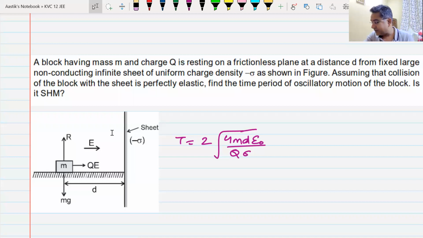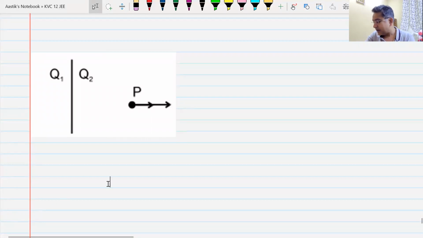Now for example, if this is a problem, what is the problem? The problem is very simple. I have an infinite sheet. It has a Q1 charge on one side and Q2 charge on the other side. What is the electric field at point P?